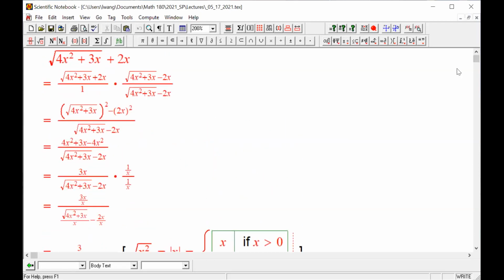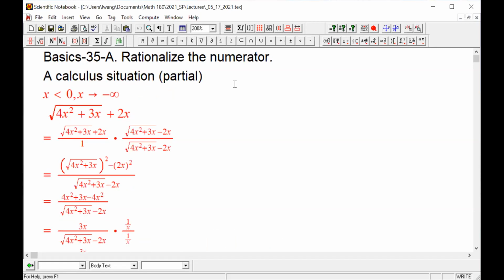Okay. This is the actual question I found in the 8th edition of your calculus text.